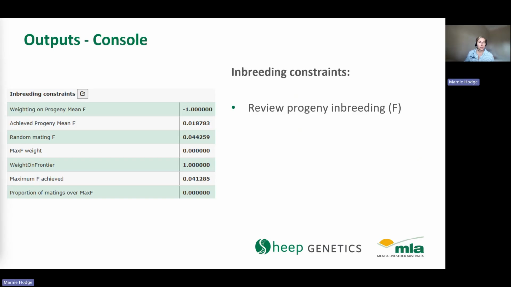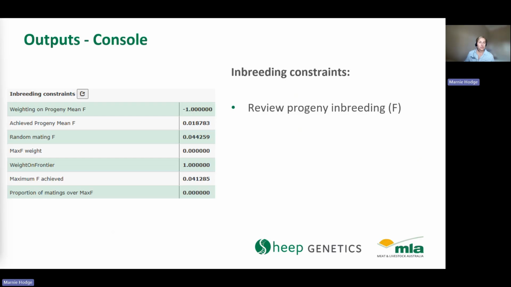The other thing that will be available on the output section of the console is the inbreeding constraints. So wherever you see F in MateCell, F refers to inbreeding. And it's really important to review the progeny inbreeding. We looked at the potential co-ancestry in the last slide, but it's also important to have a look at the progeny inbreeding as well.